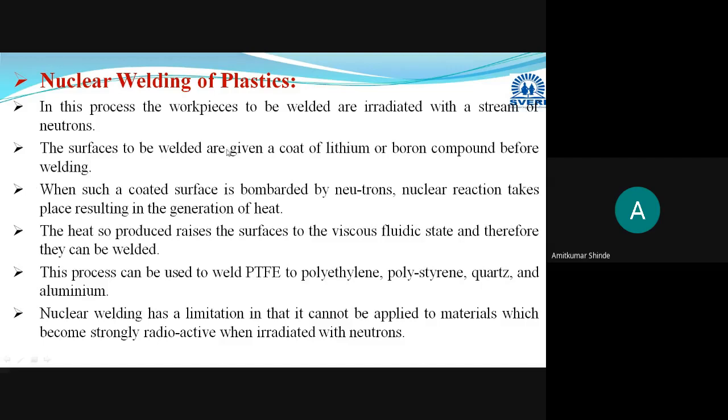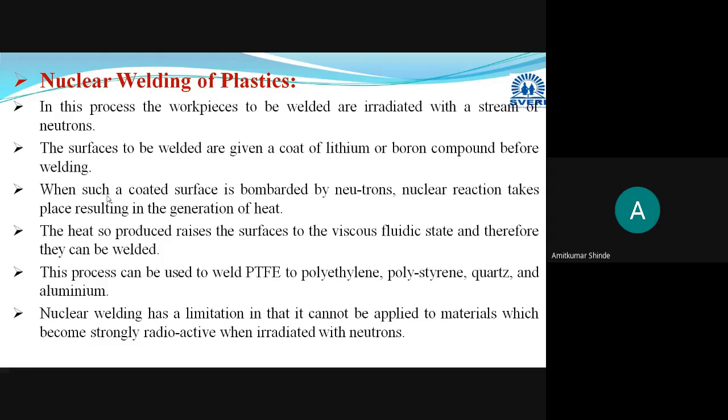In nuclear welding, the heating source is different. Here the heating source is a stream of neutrons, or a radioactive isotope material is used to obtain the desired heat, so that we can melt the surface of the plastic material to be joined.